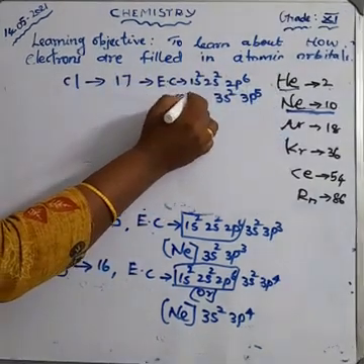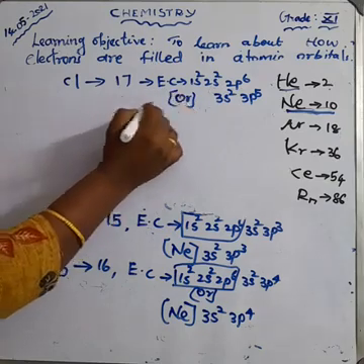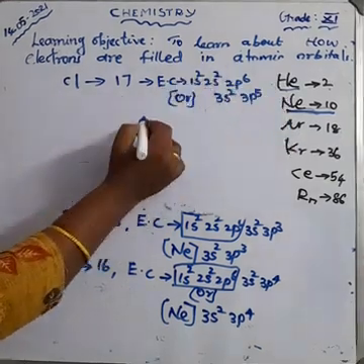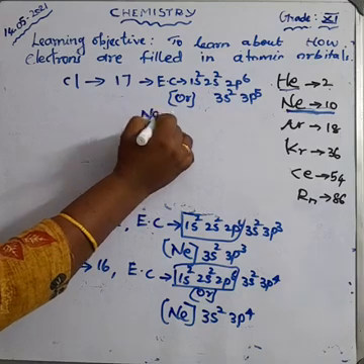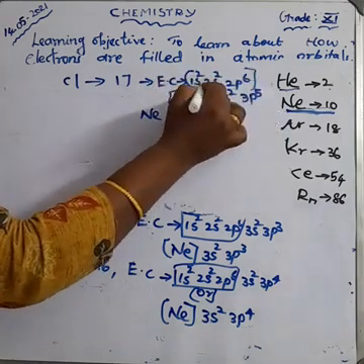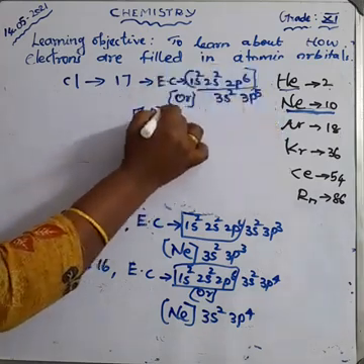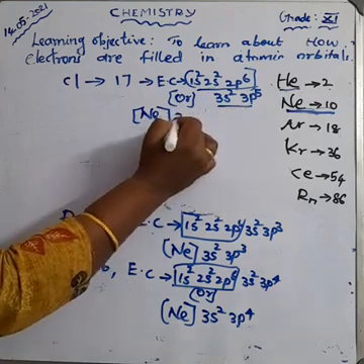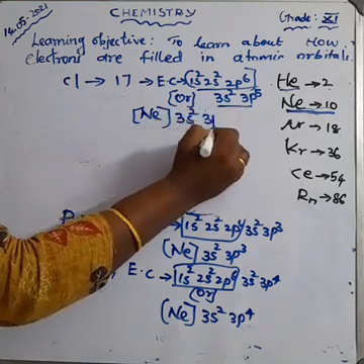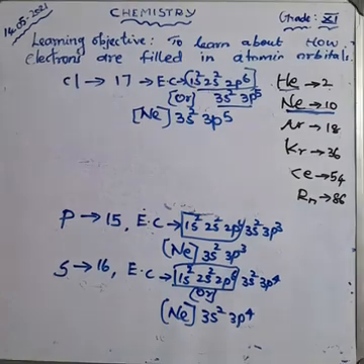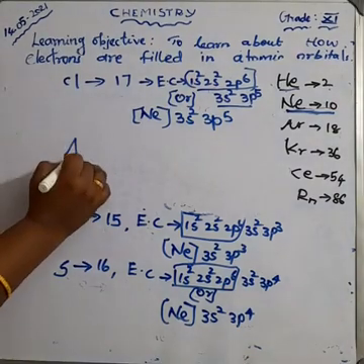Okay, how will you write the short form? Neon is the nearest noble gas. For these 10 electrons we can take neon, and after that we can write 3s2, 3p5. Okay, understood? And then argon.